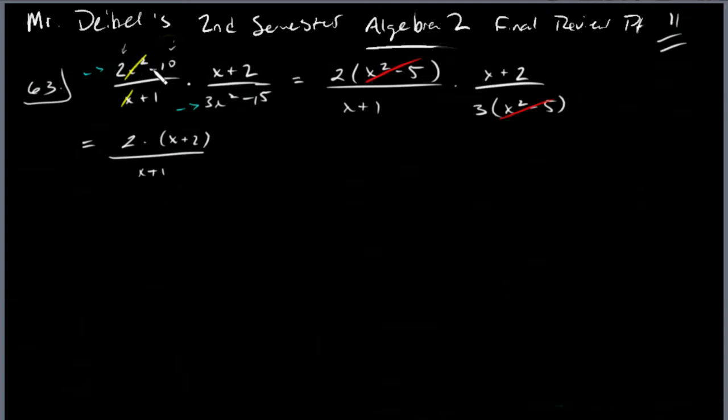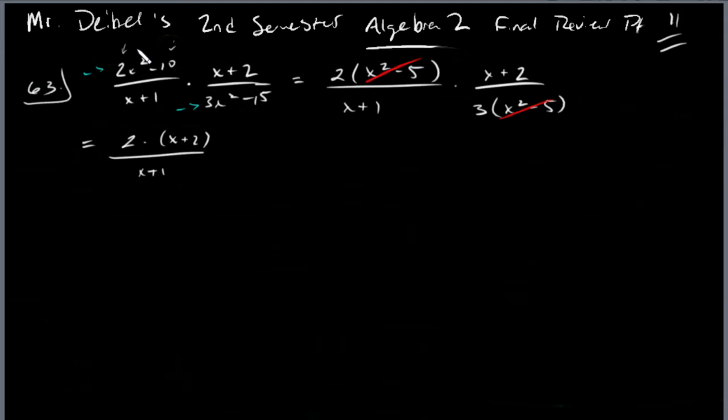That is not the case. You can only cancel terms when you have products together, not sums or differences. If the term you are trying to cancel is being added or subtracted to anything, you cannot cancel it.